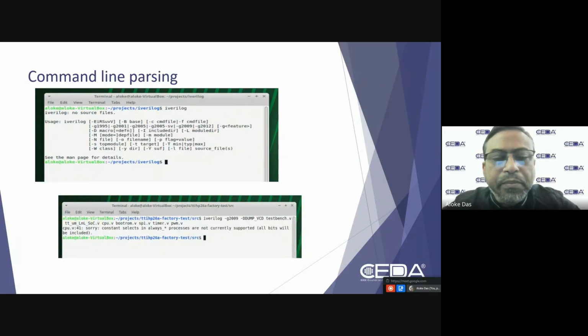Before parsing the language itself, the software has to know what these options are, and it has to parse these things. This is called command line parsing: understanding how the software is called and with what options. We'll show how to do that.